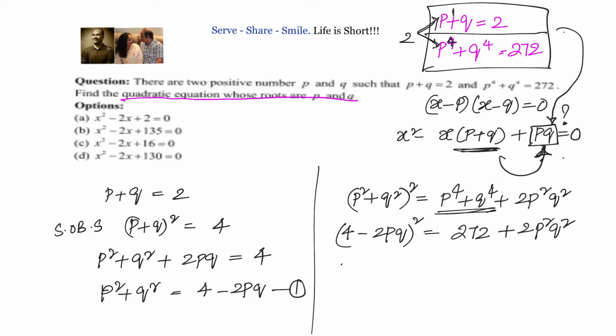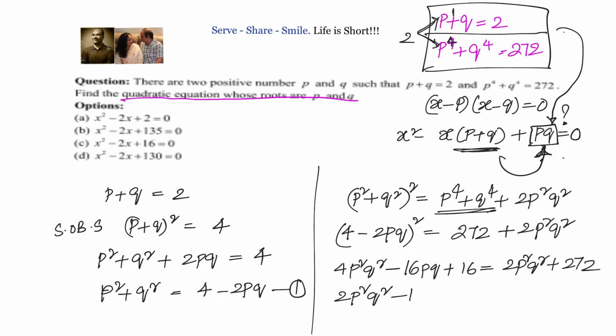So let's open that. We'll have 4p square q square minus 16pq plus 16 equals 2p square q square plus 272. Let us simplify that. We'll have 2p square q square minus 16pq minus 256 equals 0. Dividing by 2, we'll have p square q square minus 8pq minus 128 equals 0, which is a quadratic equation.